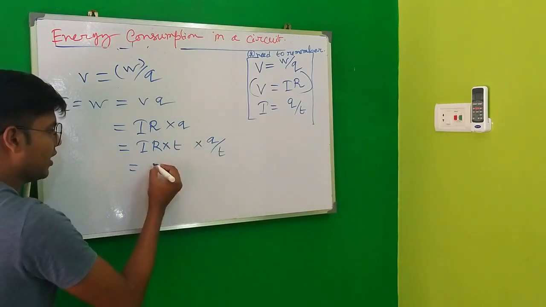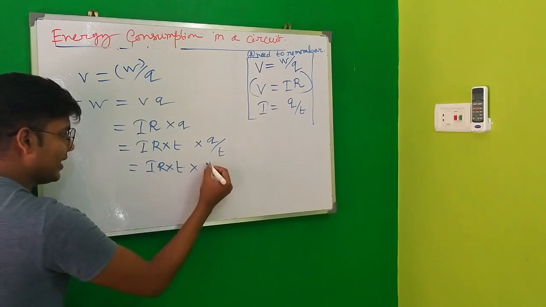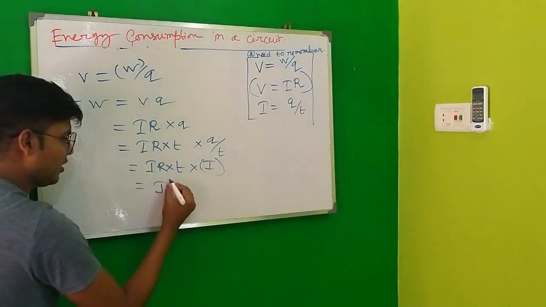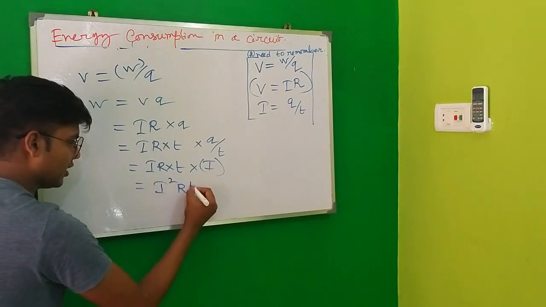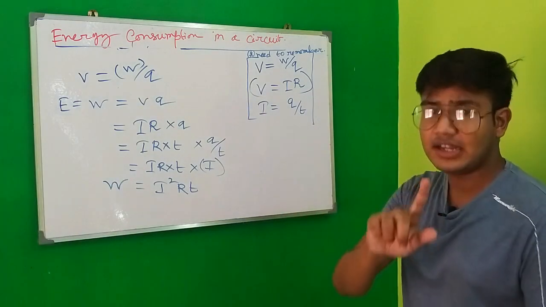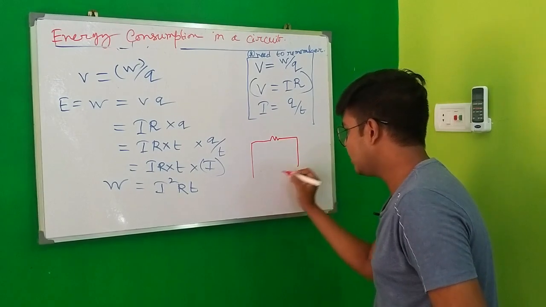After dividing by T, Q by T is nothing but the current. After solving that together, you get I square RT, that is equal to W. It is only applicable for this kind of relation.